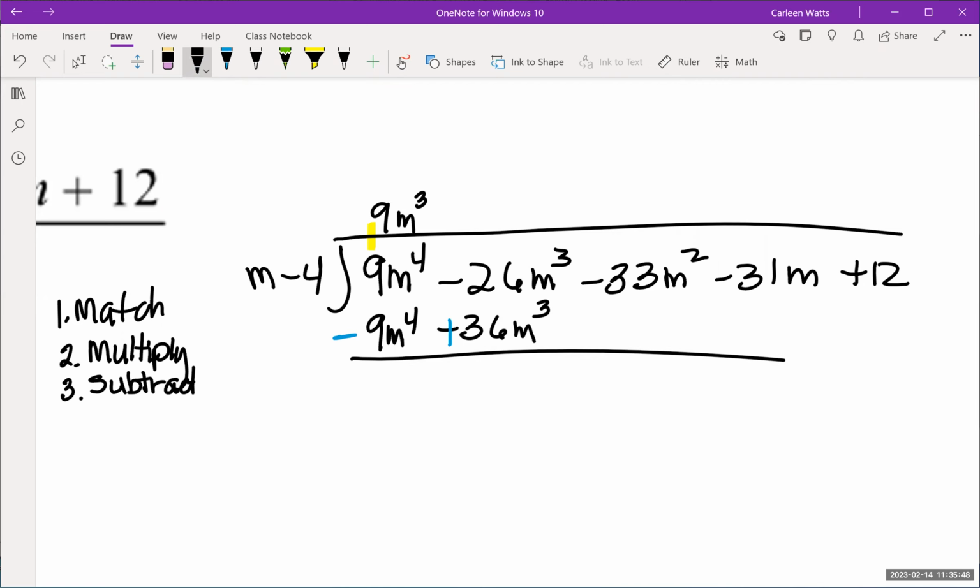Nine m to the fourth minus 9m to the fourth, bam, 0. Negative 26m cubed plus 36m cubed is positive 10m cubed. Bring it down.